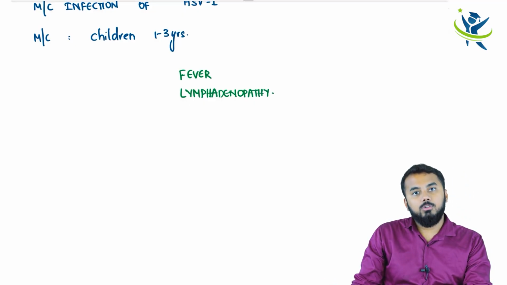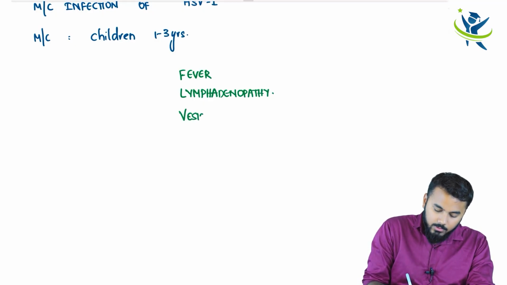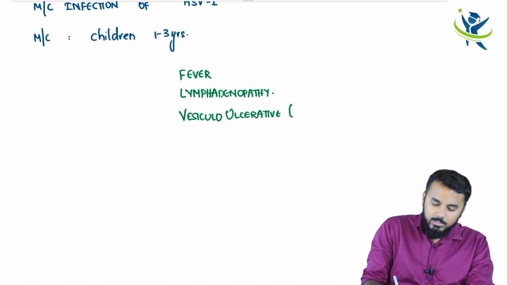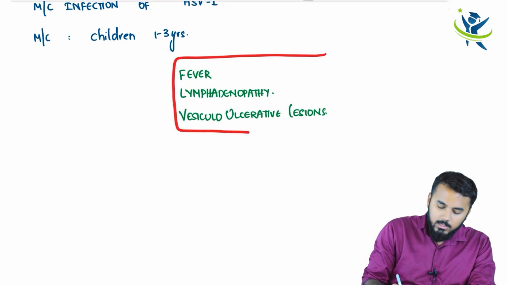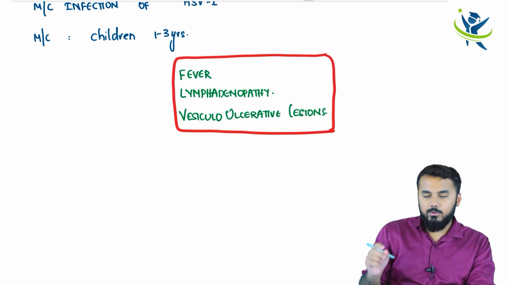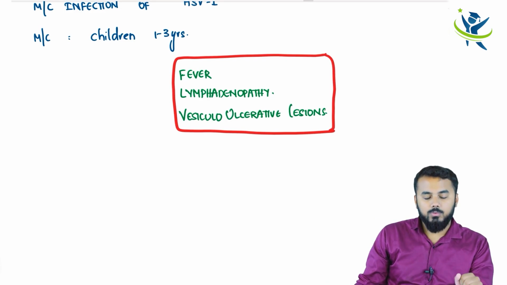You will also see vesiculo-ulcerative lesions, right? These are the lesions which are associated with vesicles. When you break down the vesicle, clear fluid will be released out of it.